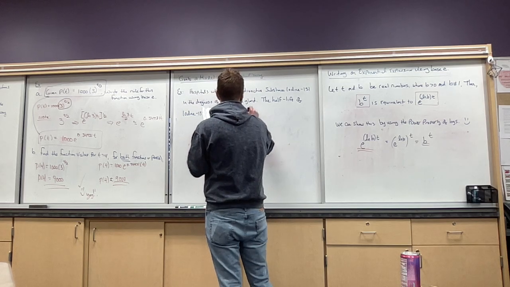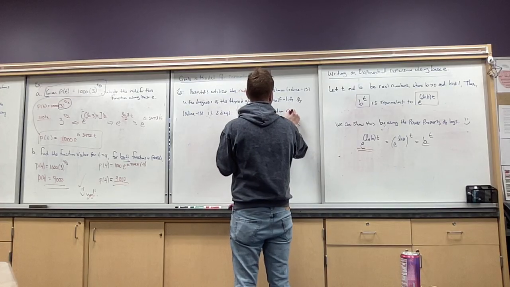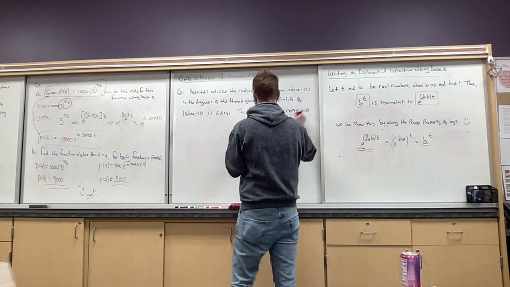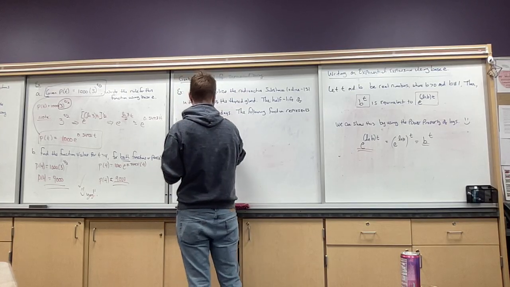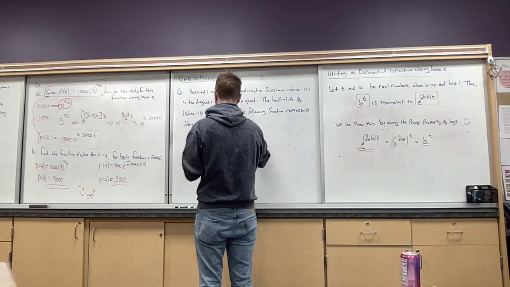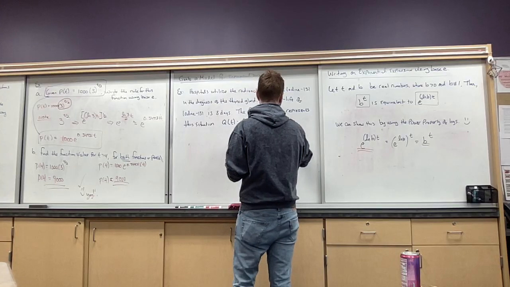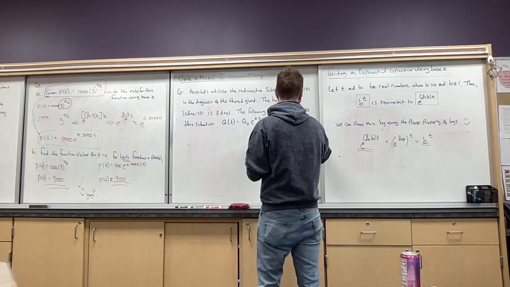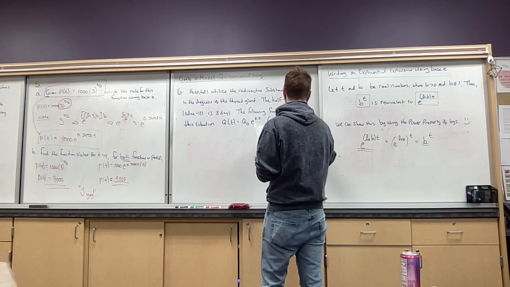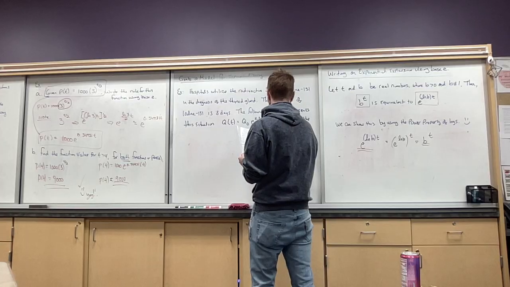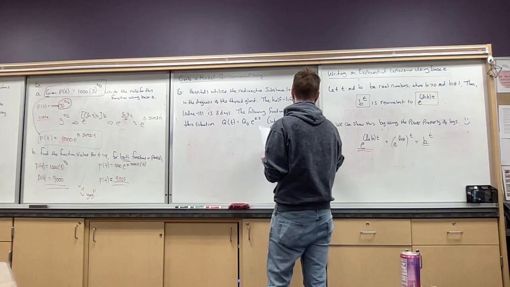The following function represents this situation: Q of t equals Q naught e to the kt, where Q of t is the amount of iodine 131 remaining after t days.